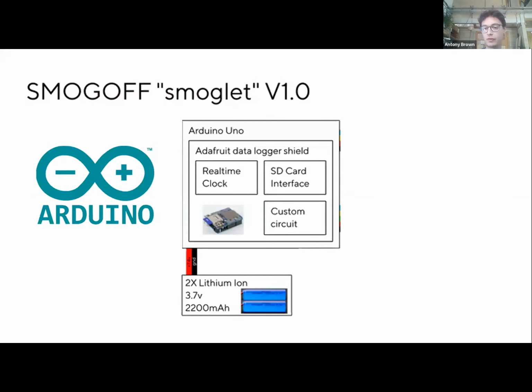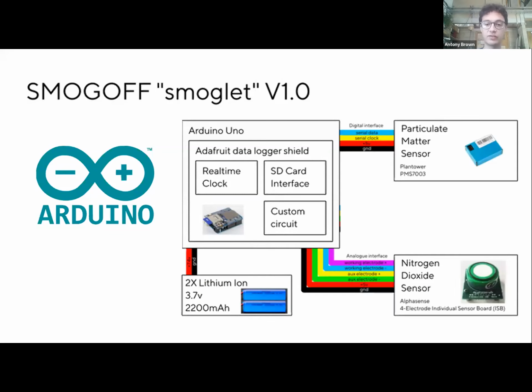So now I'm just going to run through what the first prototype of this system looked like. It's based on Arduino microcontrollers, which are small computers about the size of a credit card. You can use these computers to program hardware components. It had an SD card interface so that all the data would be written to an SD card, and it's powered by rechargeable batteries.